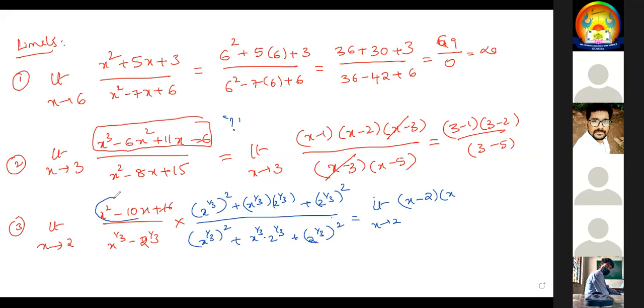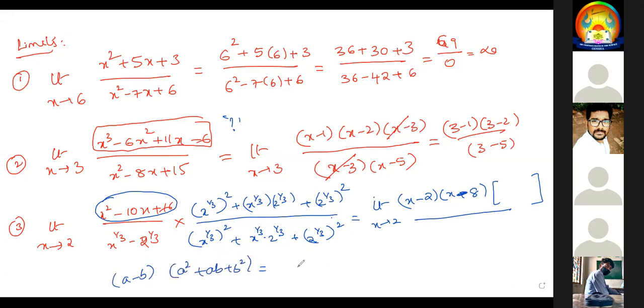Now this factorization becomes x minus 8 into this whole thing. It looks like a minus b into a square plus ab plus b square, whose formula is a cube minus b cube. That is x power 1 by 3 whole cube minus 2 power 1 by 3 whole cube. x minus 2 gets cancelled.